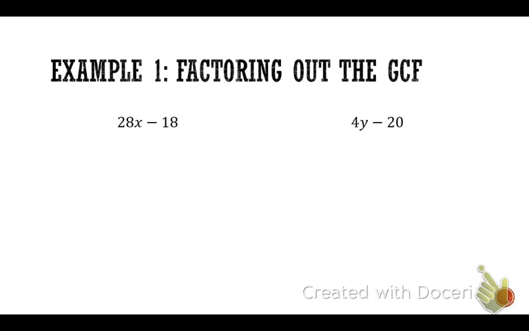In example 1, I need to factor out the GCF. You have a section on your homework like this, meaning I need to factor out the largest factor between these two numbers. Okay, well, if you want to risk it and just say, oh, I think I know the biggest one, all right, you're probably going to be right.